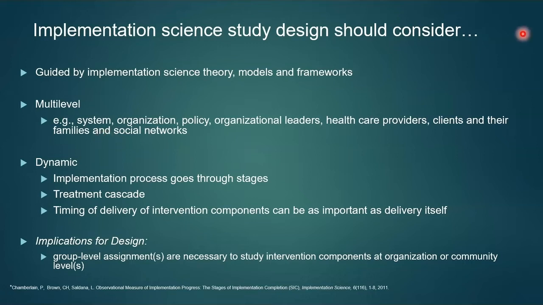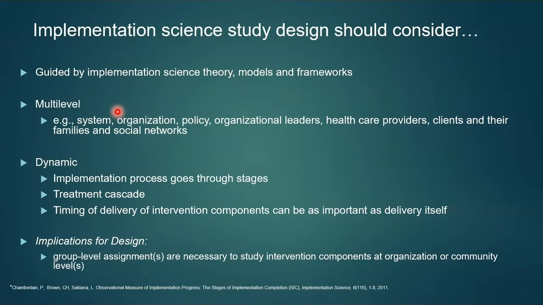Similarly and related, implementation science research is typically multi-level. By multi-level, we mean that there are stakeholders at multiple levels. In most implementation science studies, the stakeholders are not limited to even one or a few levels.